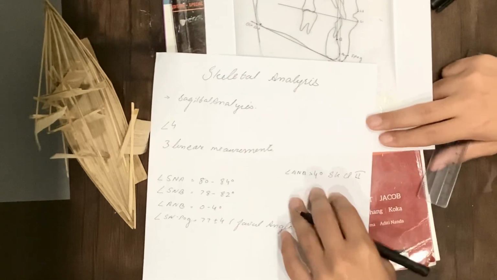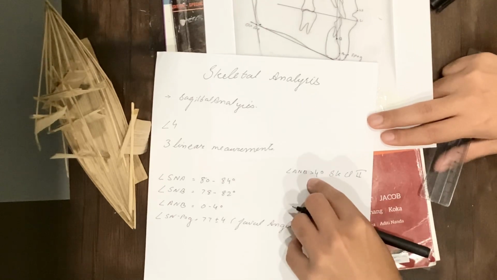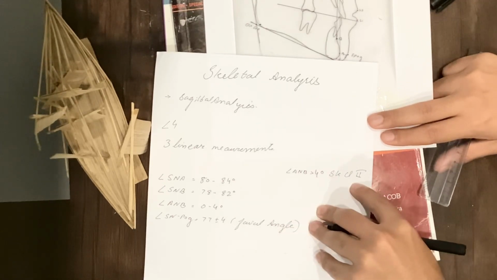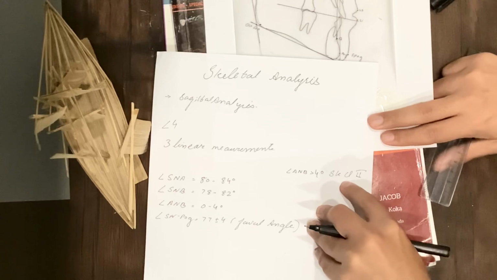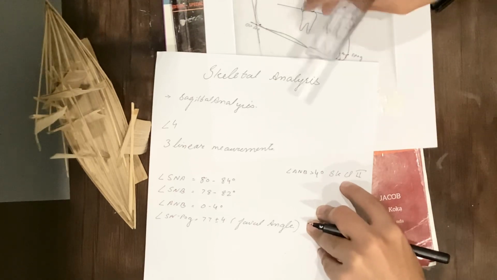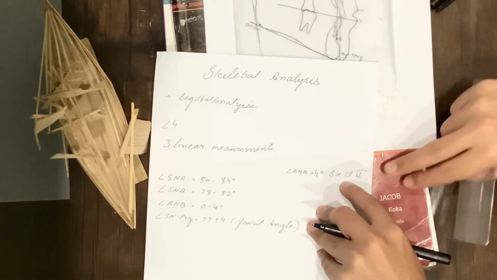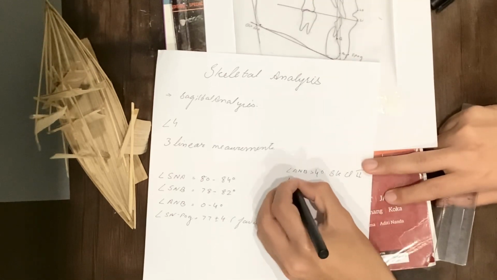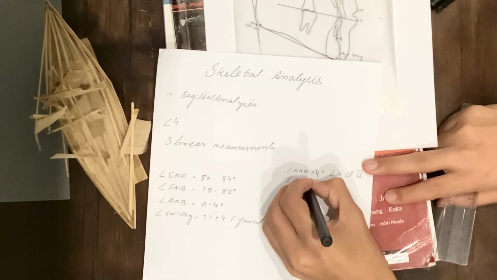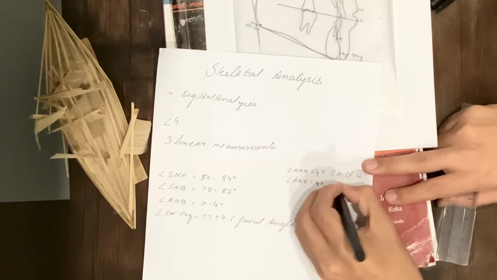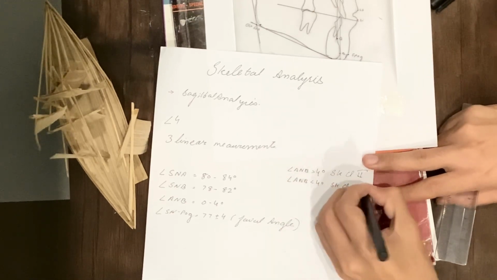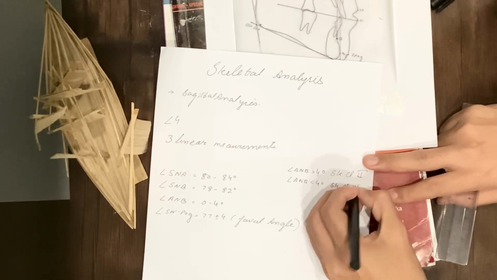So if the ANB angle is greater than 4 degrees, then it will be skeletal class 2. It can be due to the retrusive mandible, or the prognathic maxilla, or a combination of both.